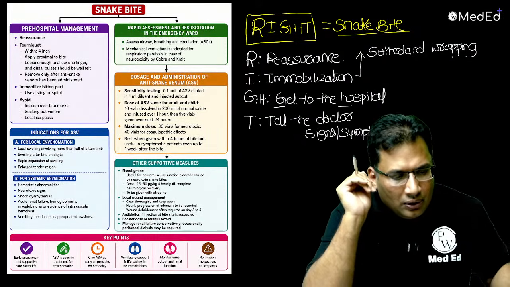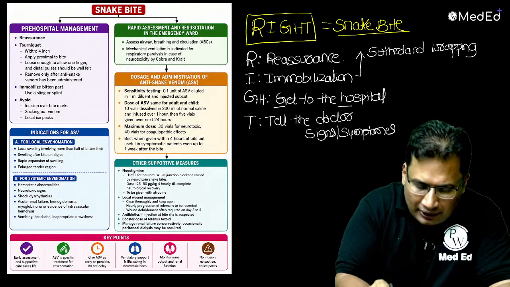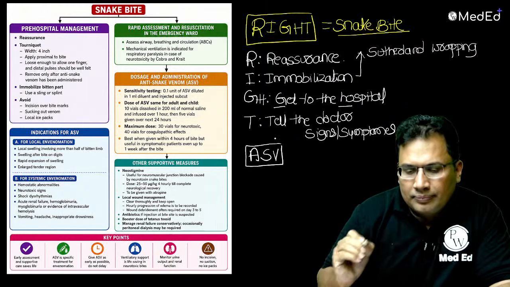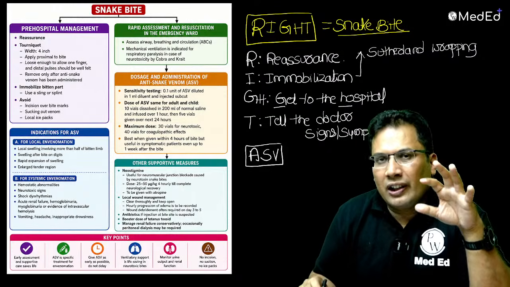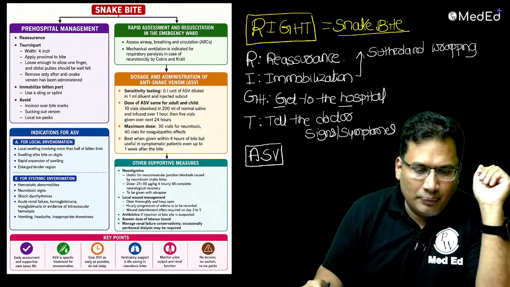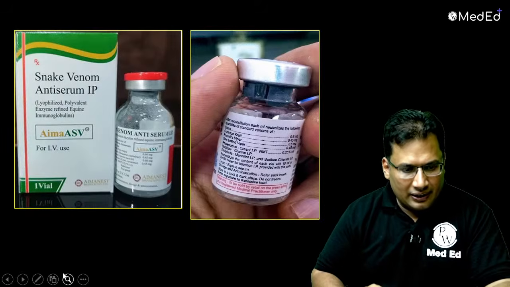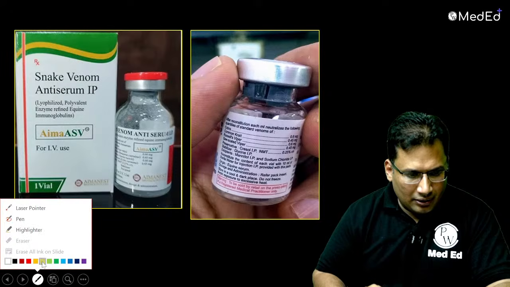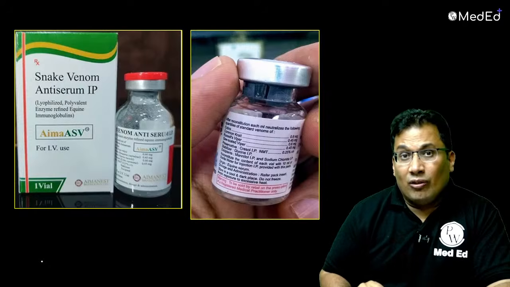Now the treatment. So the treatment is basically ASV, anti-snake venom. Before that you need to maintain ABC, airway, breathing, circulation. So you can see here, this is basically snake anti-venom or anti-serum, we call it.